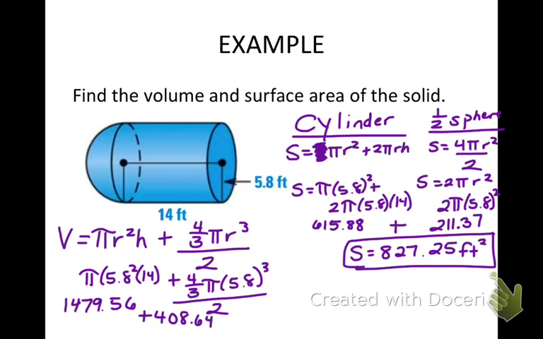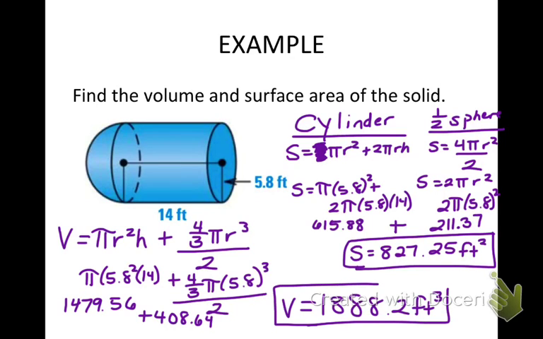So when I add those together, 1,479.56 plus 408.64 gets me a total volume of 1,888.2 feet cubed. So there'll be your volume.